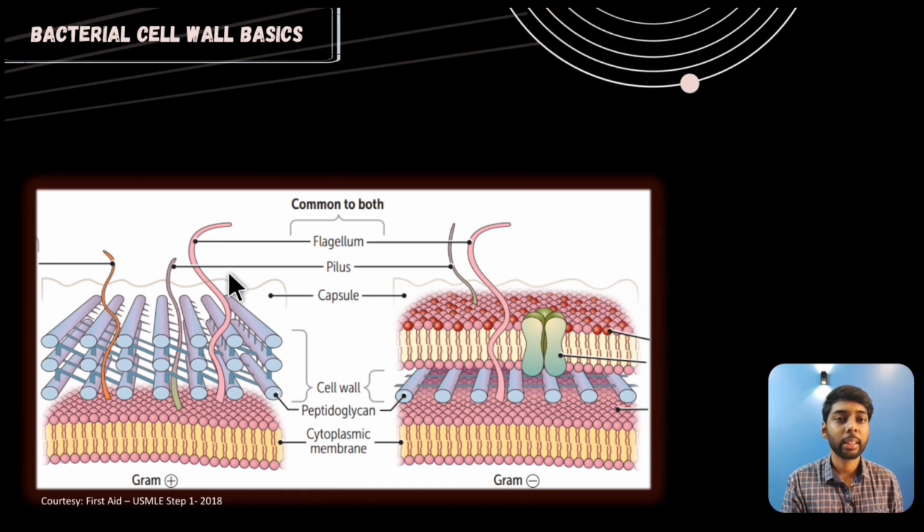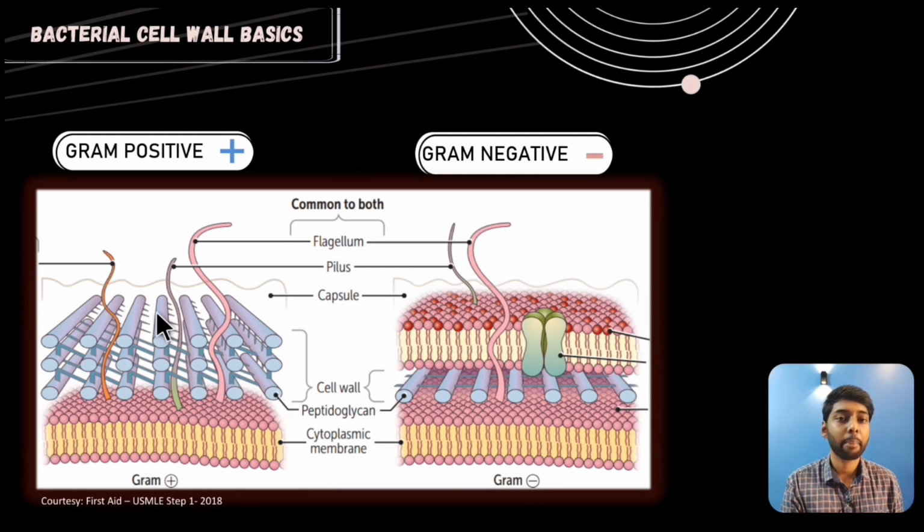So the gram-positive bacteria has a significantly thicker peptidoglycan layer. And this information will factor in when we talk about the differences in staining. For example, the gram-positives will retain the primary stain, that is the crystal violet stain, whereas the gram-negative will take up the counterstain and they will stain red in the end.